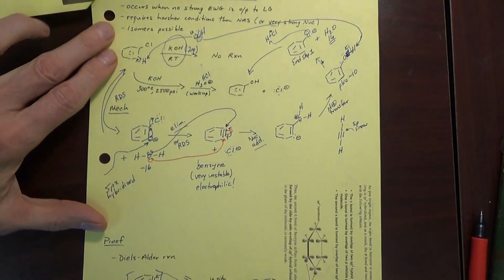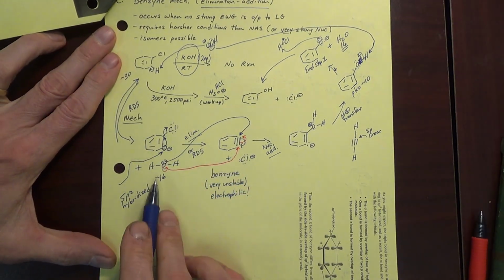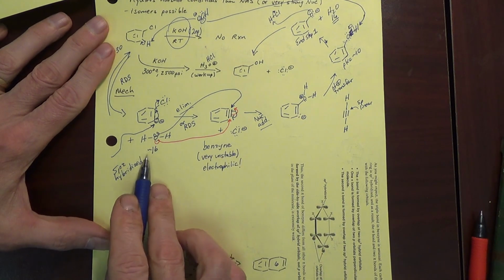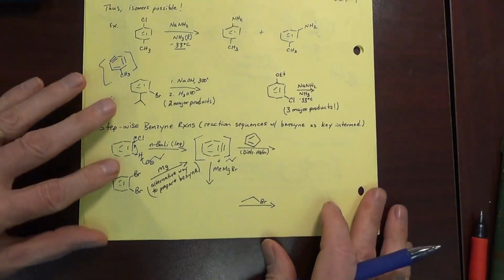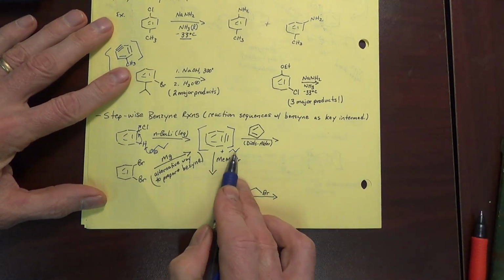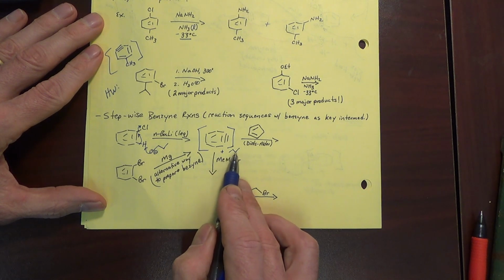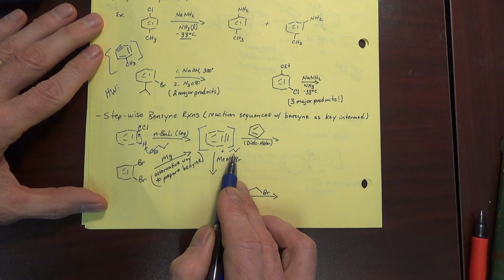And over here, if we use KOH, we make our benzyne plus water, and water will react as the nucleophile. But if you use n-butyl lithium, you produce butane, and it is not a nucleophile. There's no lone pair there.